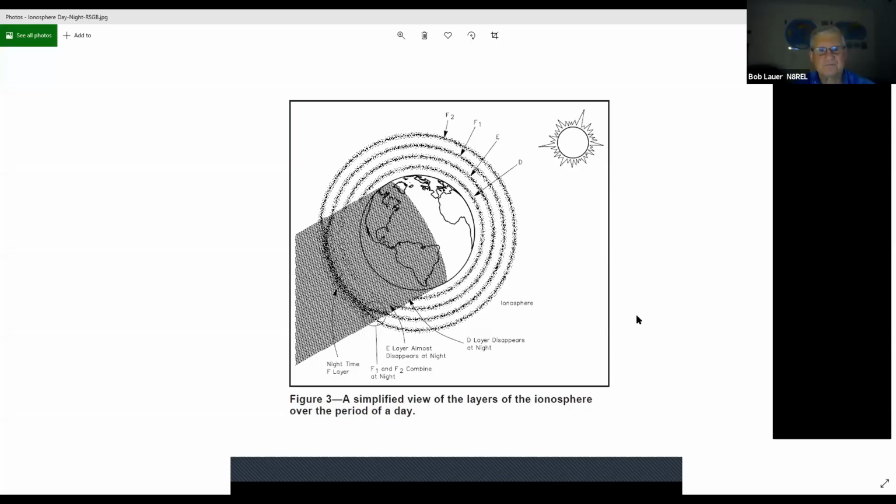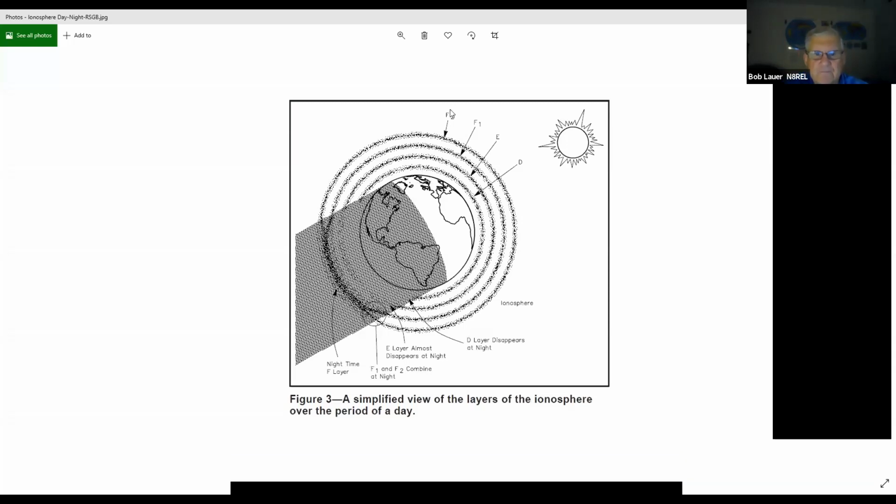Hang on, let me give you another very cool slide that I like. Okay. This shows you graphically what's going on up there in the atmosphere.